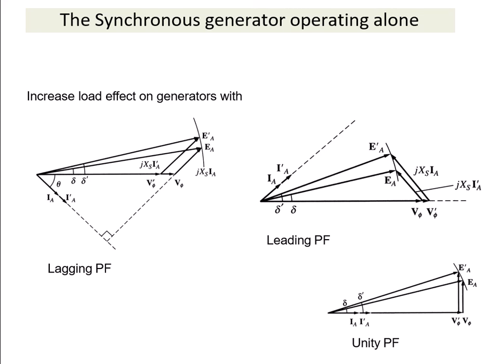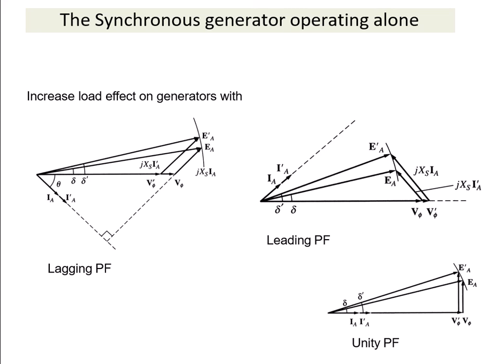This is why we recommend a higher, leading power factor for the power system: if any load is increasing, the terminal voltage will not decrease if the power factor is leading in nature. So here also our terminal voltage will increase, and the phasor diagram will look like this. This is for the leading power factor.